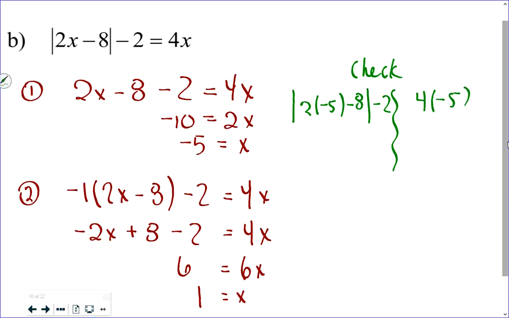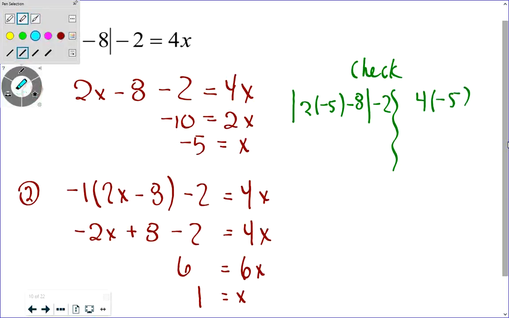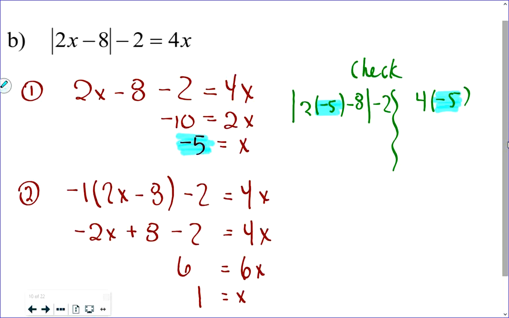So I'm putting in my supposed answer every place there was an x. That's all I'm doing. When I look at 2 times negative 5, that's negative 10. Negative 10 minus 8 is negative 18. The absolute value of negative 18 is 18. 18 minus 2 is 16.